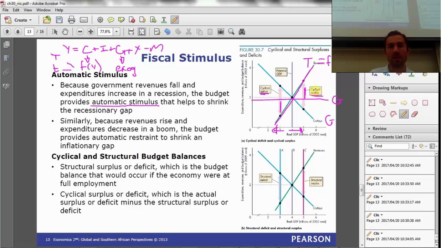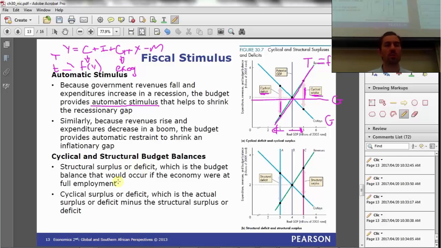So it naturally counteracts whatever's happening in the economy. So then you can have a cyclical and a structural budget balance. A structural surplus or deficit is the budget balance which would occur if the economy were at full employment, okay? So in this example here, if we're at full employment, we have a balanced budget. Therefore, we do not have a structural surplus or a structural deficit.